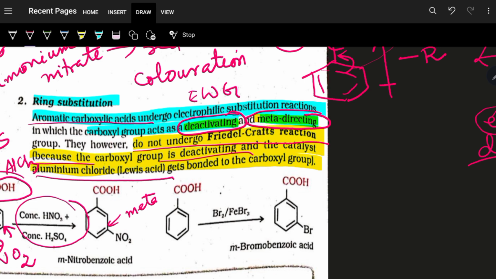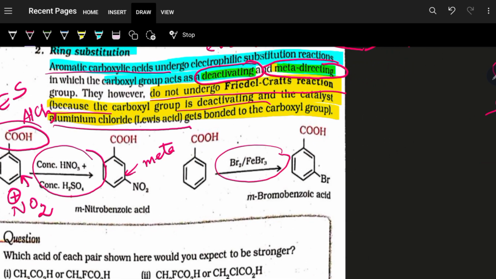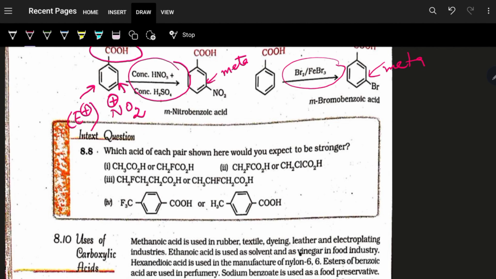For these two reasons, aromatic carboxylic acid does not undergo Friedel-Crafts reaction. This is bromination, again in the meta position. So it will not undergo Friedel-Crafts alkylation or acylation, but it undergoes reactions like nitration and bromination.